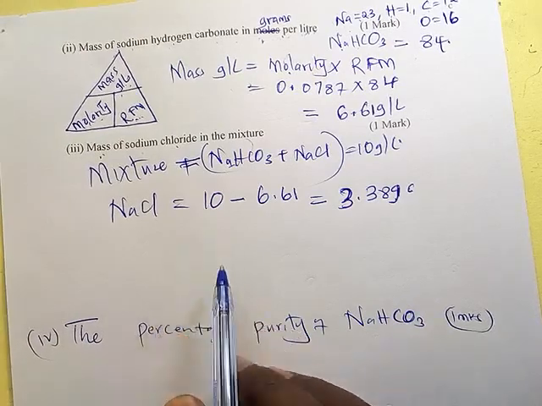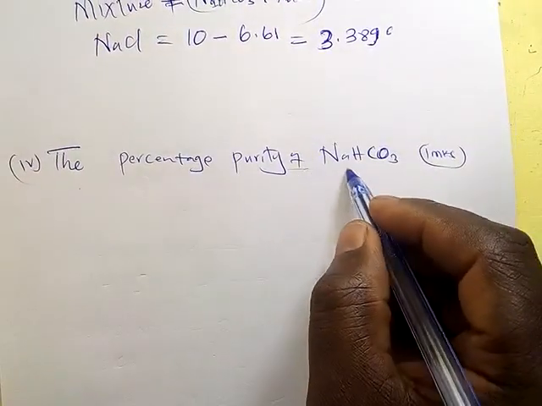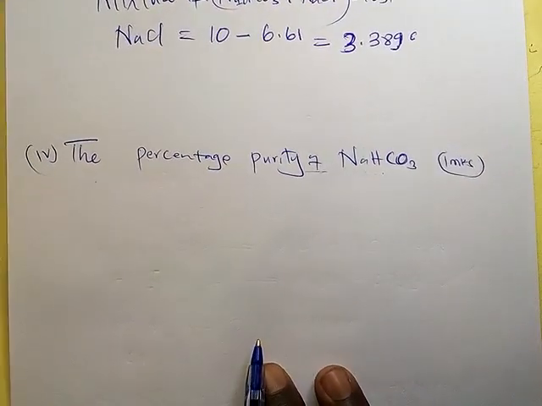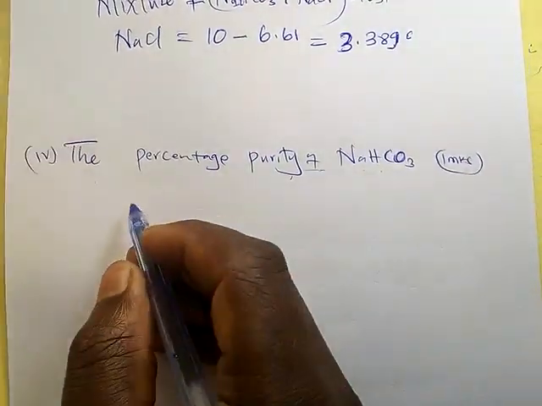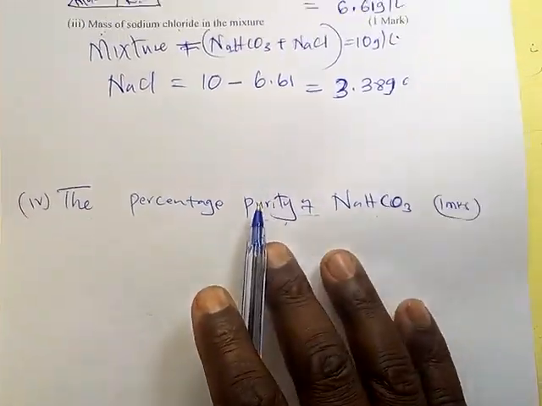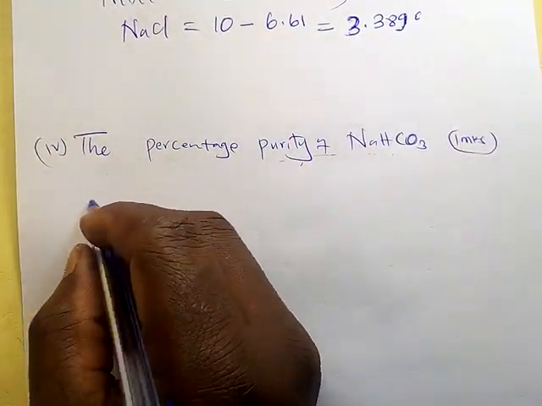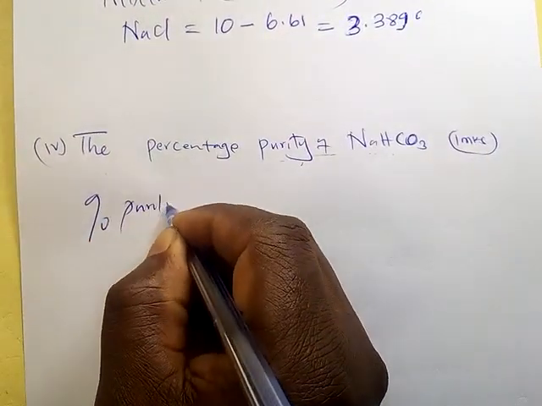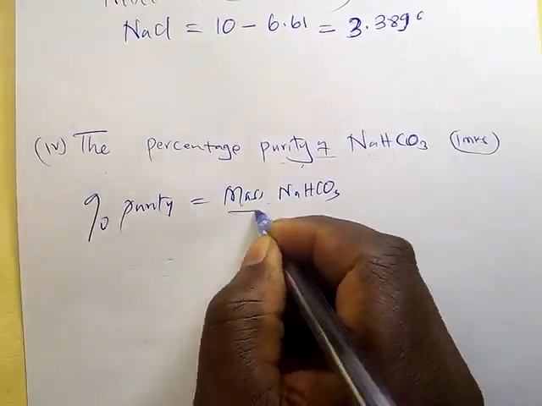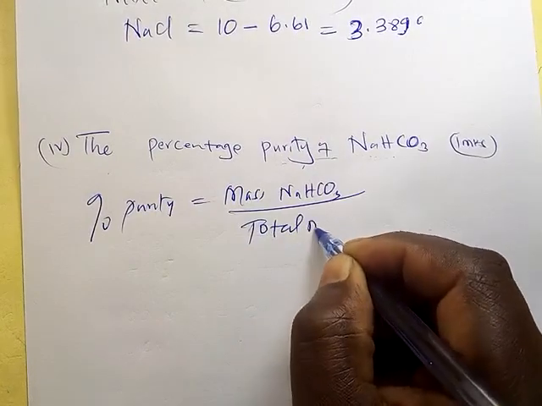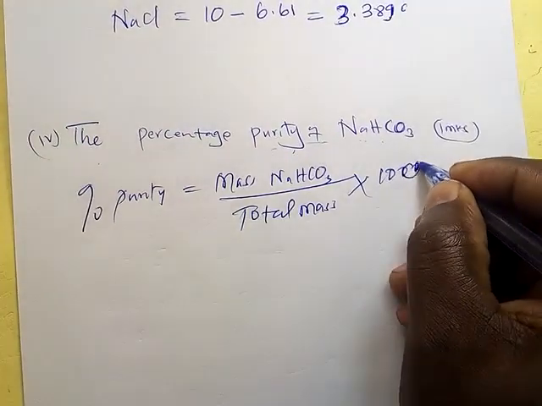Right, the last question is calculate the percentage purity of sodium hydrogen carbonate. We know the mass of sodium hydrogen carbonate is 6.61. So percentage purity is equal to the mass of sodium hydrogen carbonate divided by total mass, times 100.